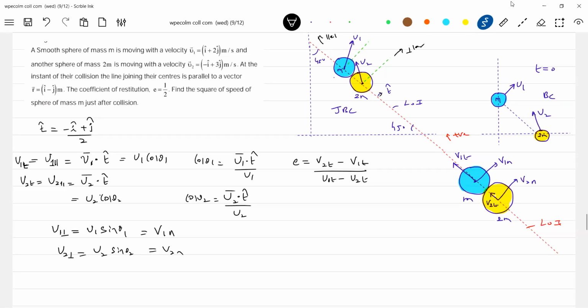So V2t and V1t are unknown. Can we apply conservation of linear momentum along line of impact? Yes, one more equation. So that will be 2m U2t plus m U1t should be equal to 2m V2t plus m V1t. Solving these two, we'll get all the unknown quantities.